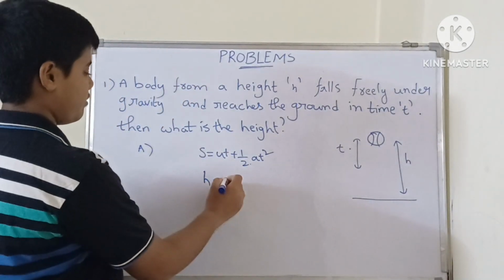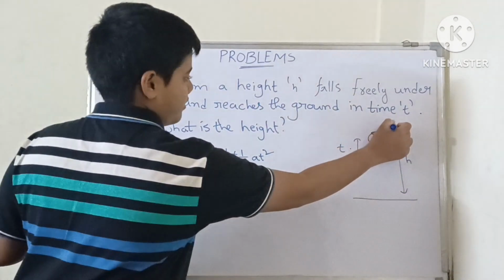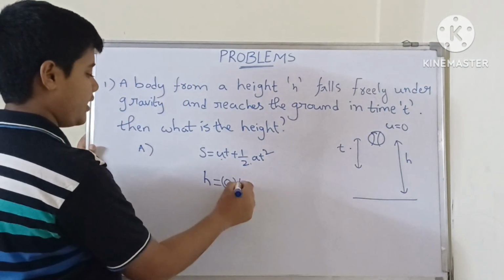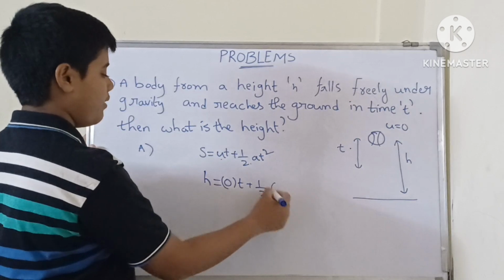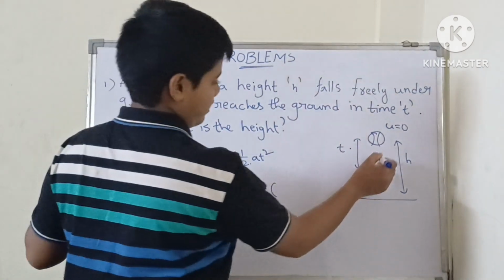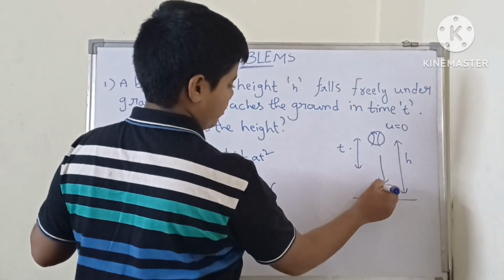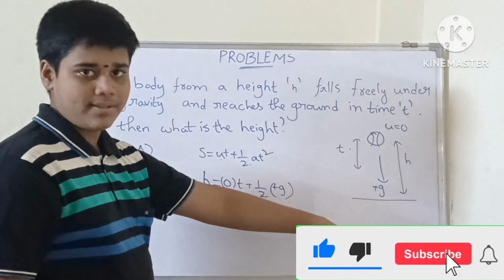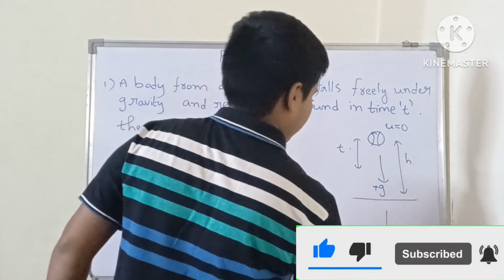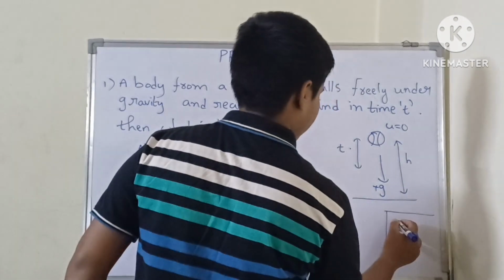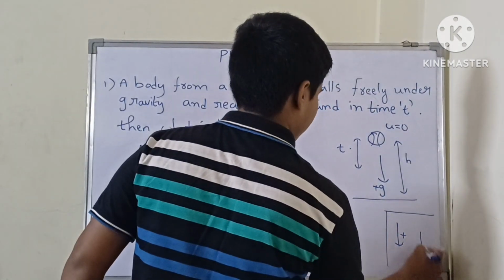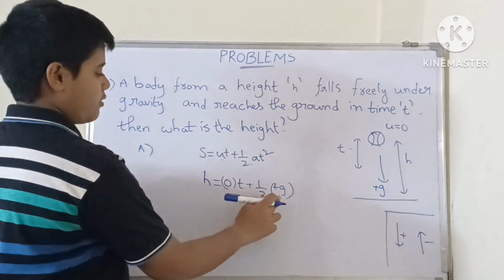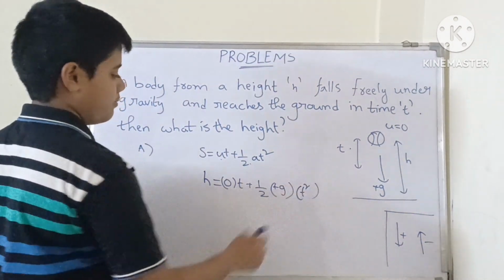So h equals initial velocity 0 into t plus half a t square. Here a means gravity. Gravity pulls down, so here g is positive, because downwards is positive. Here we have to take a sign convention: downwards positive, upwards negative. So positive g and t square.